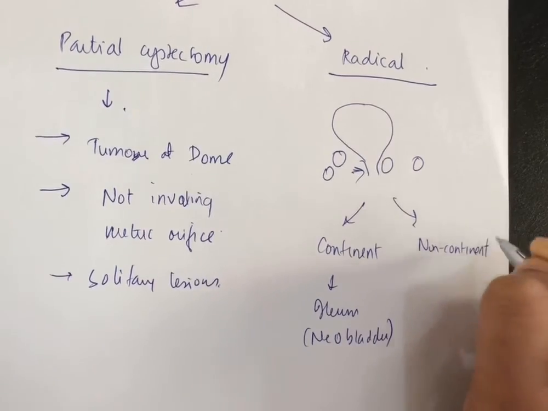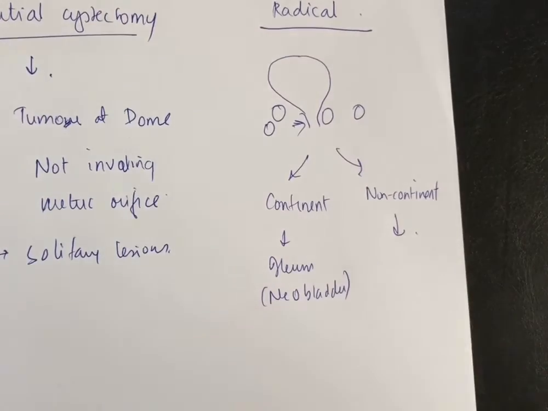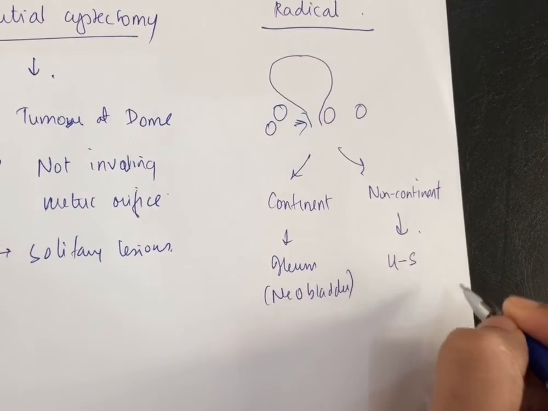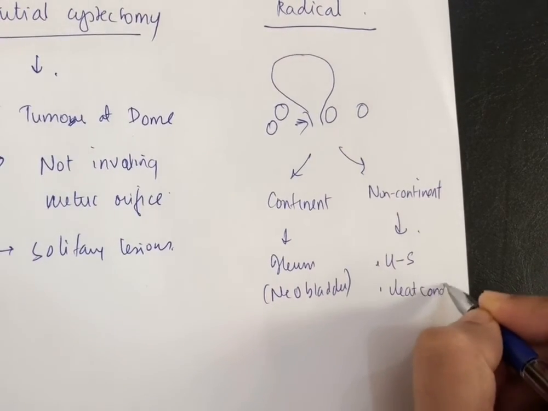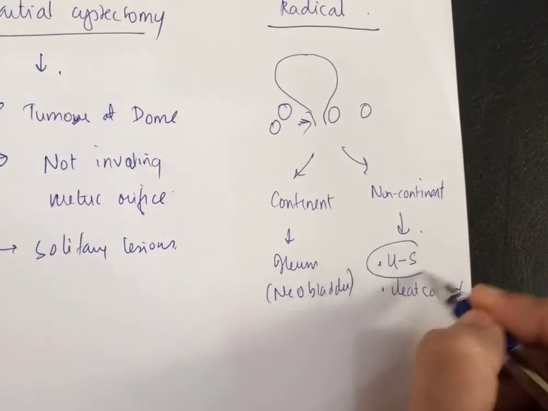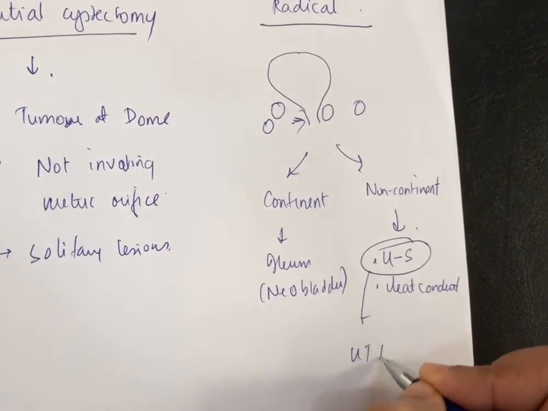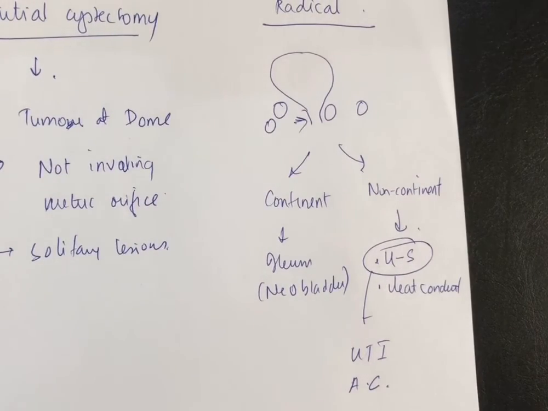So what you do over here is the ureterosigmoid anastomosis, and also there is something called the ileal conduit. What are the complications of this ureterosigmoid anastomosis? The ureter is going to the sigmoid, right? So there can be increased risk of UTI and adenocarcinoma, and hypokalemic, hyperchloremic metabolic acidosis.